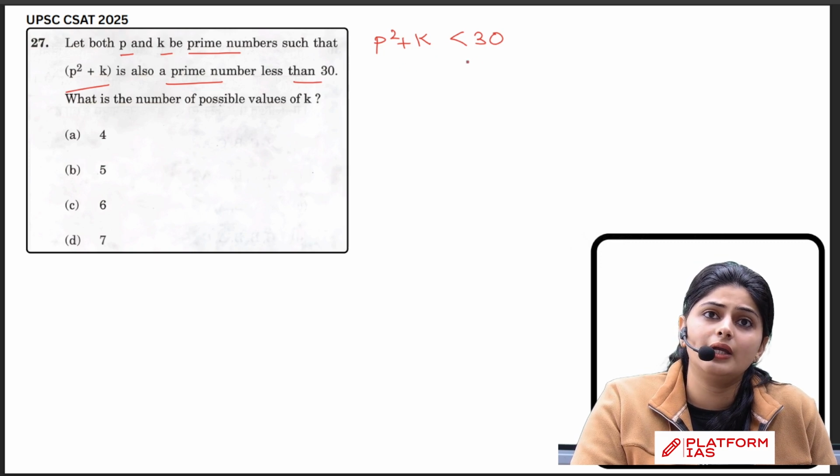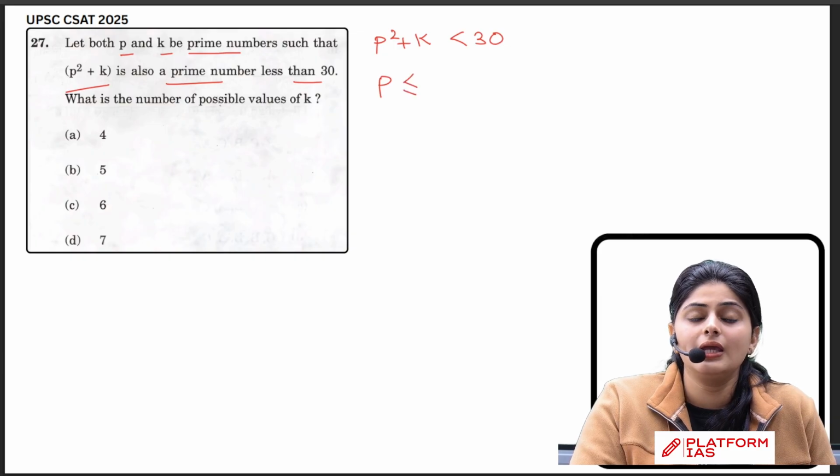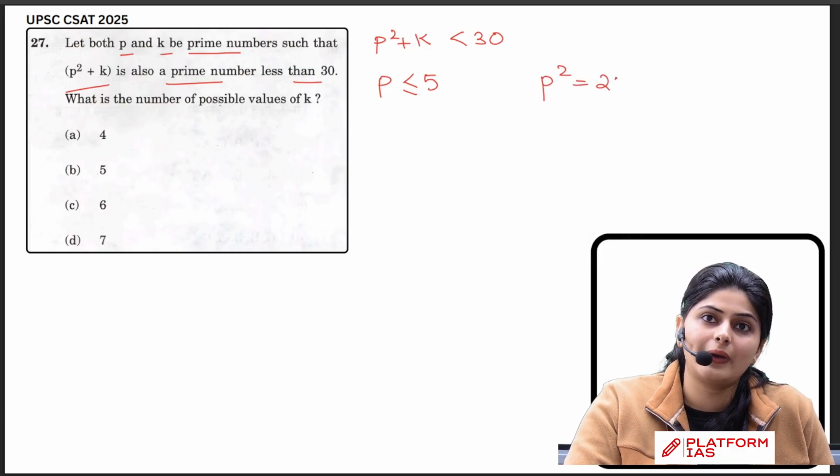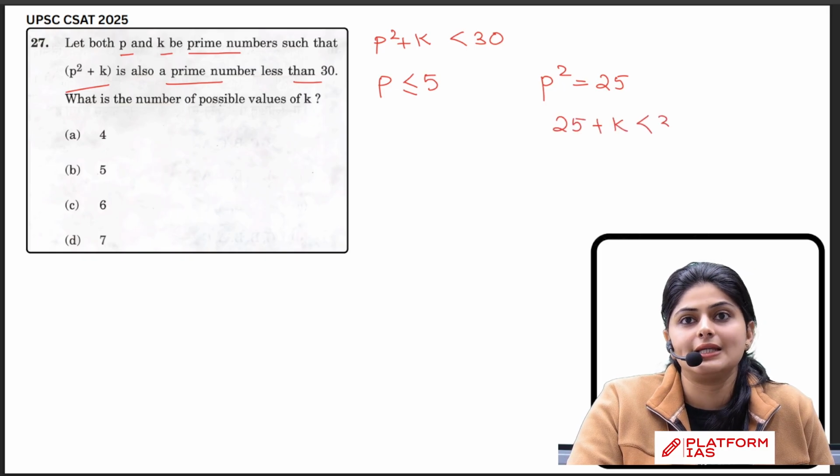As you can look here, the maximum value of p will be 5. It cannot be greater than 5. Why? If p square is 25, then 25 plus k is less than 30.